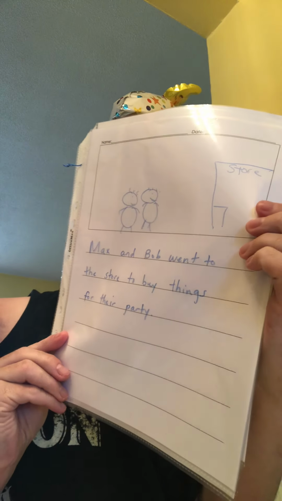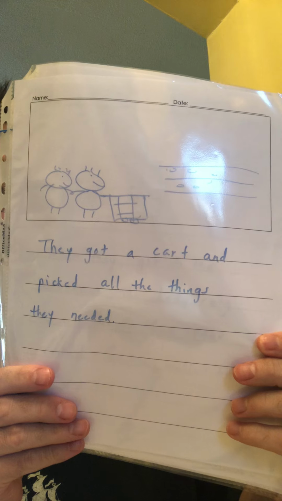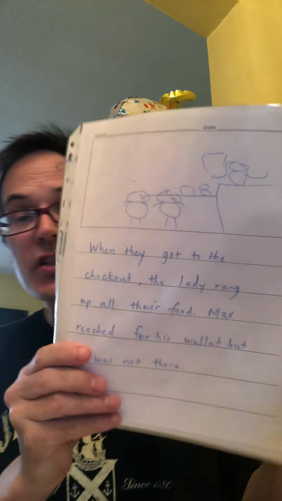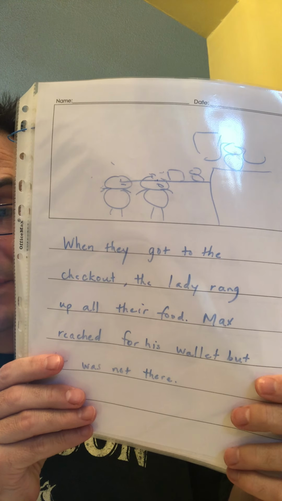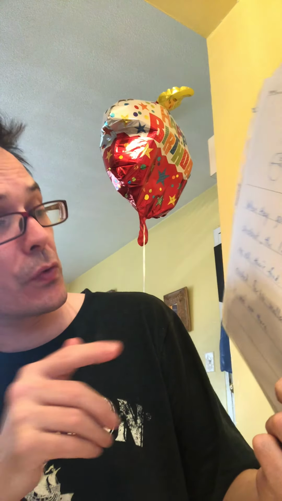So this is the story I wrote. Max and Bob went to the store to buy things for their party. They got a cart and picked all the things they needed. And all of these sketches helped me write the words. When they got to the checkout, the lady rang up all their food.